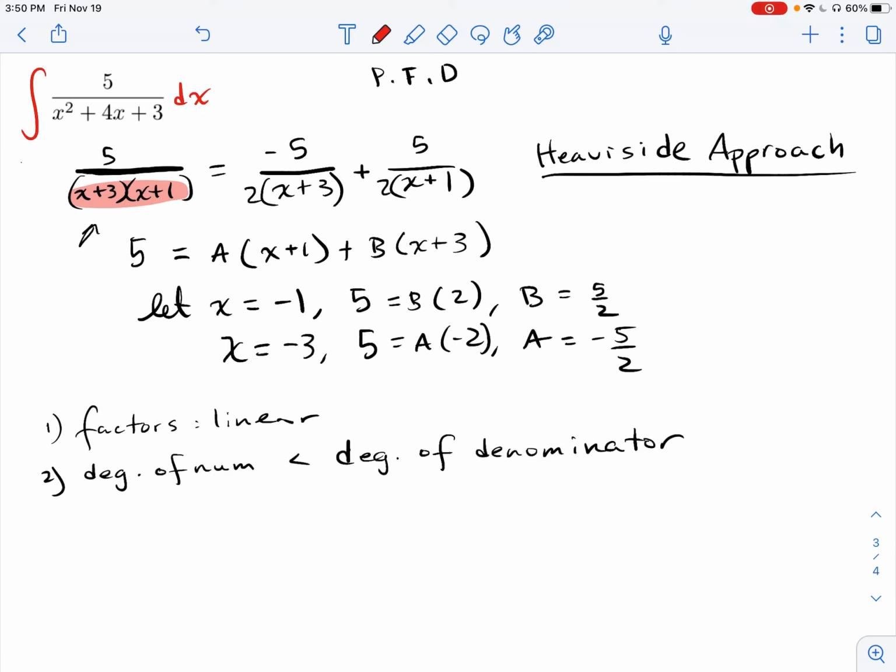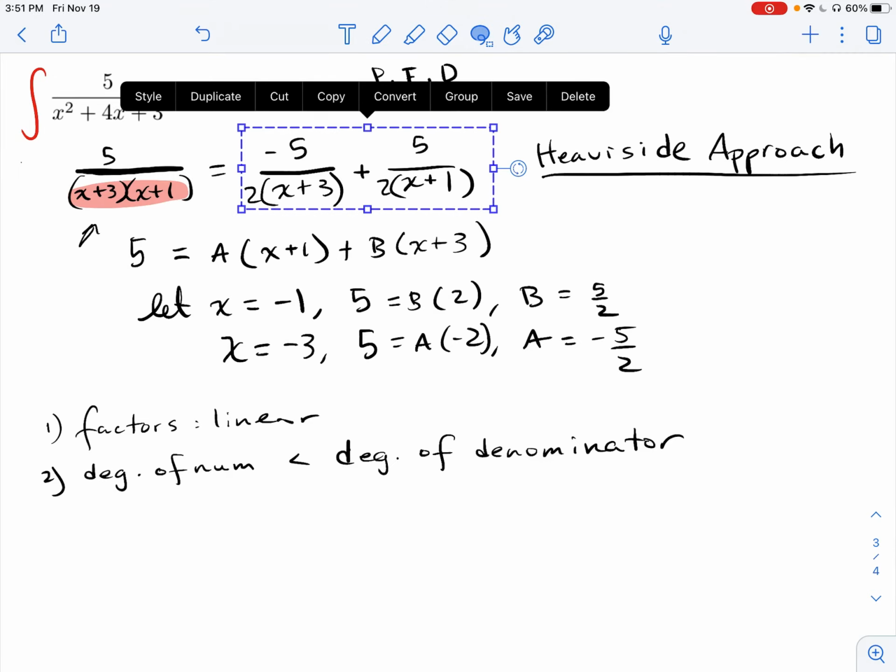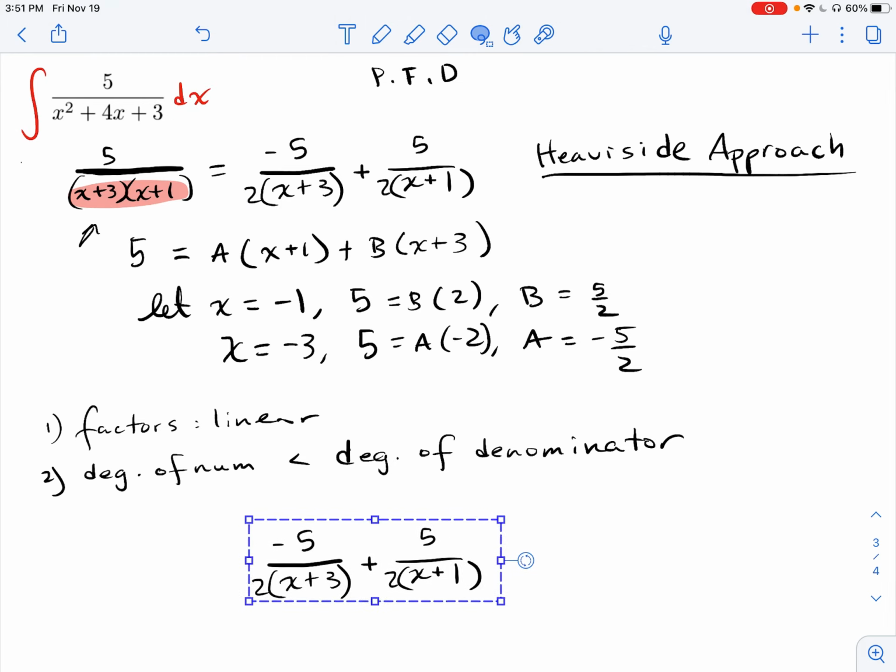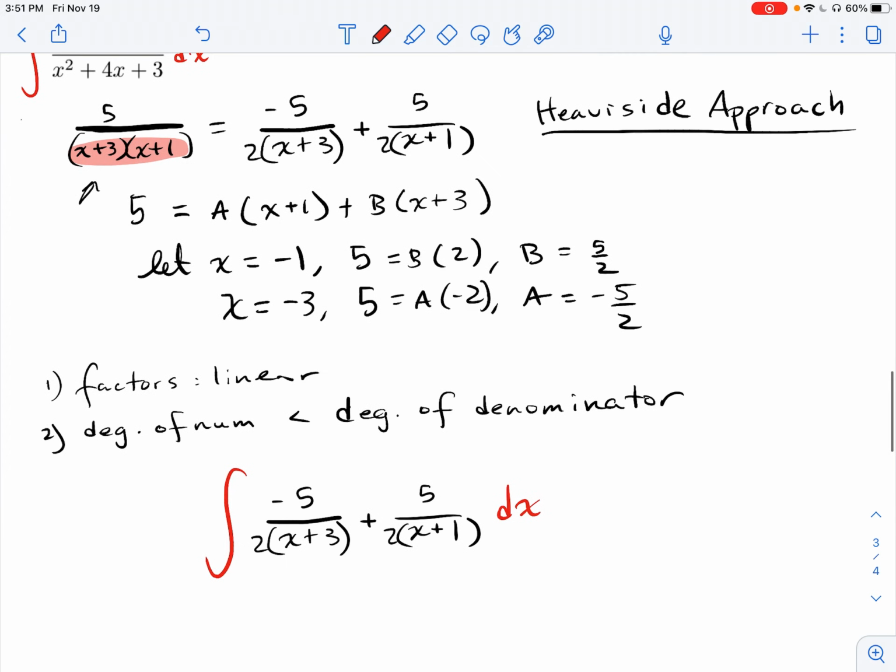However, we do know how to integrate its equivalent fraction decomposition. If I ask you to integrate this, this is certainly something that we could do. We would say that this is negative 5 over 2 times the natural log of the absolute value of x plus 3, plus 5 over 2 times the natural log of the absolute value of x plus 1, plus c.